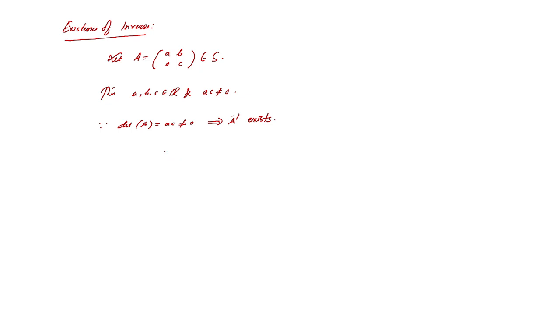And what will be the A inverse? A inverse will be 1 by determinant, that means 1 by AC, times the matrix where the principal diagonal elements are interchanged, and the off-diagonal element gets a minus sign. Okay, that will be A inverse.